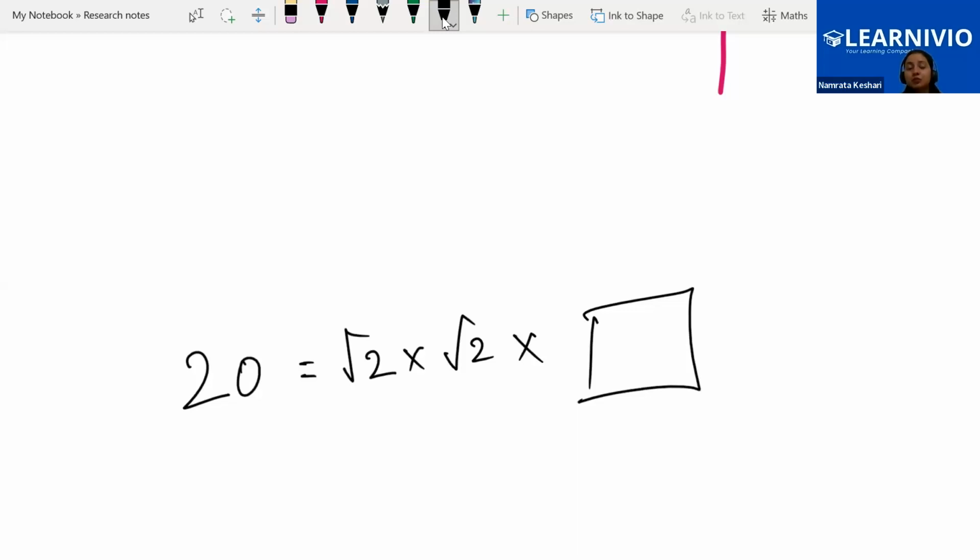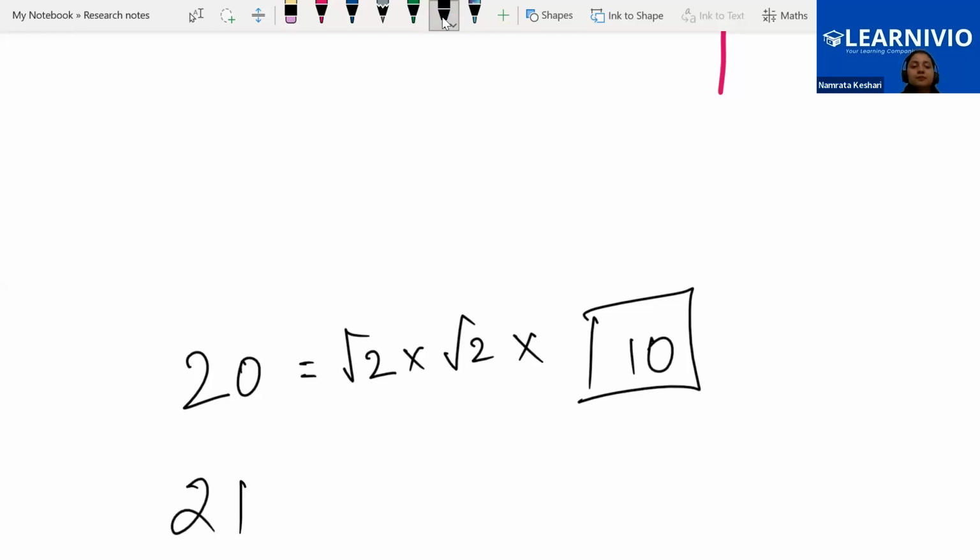Can you tell me? Root 2 into what will be 20? Into root 10? Perfect.